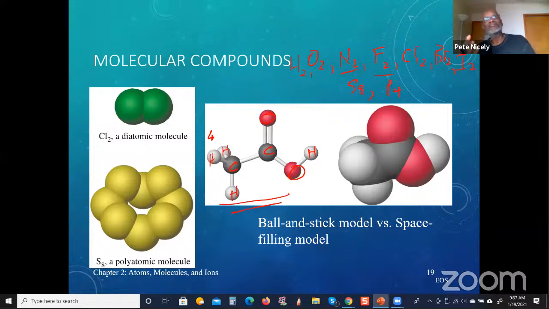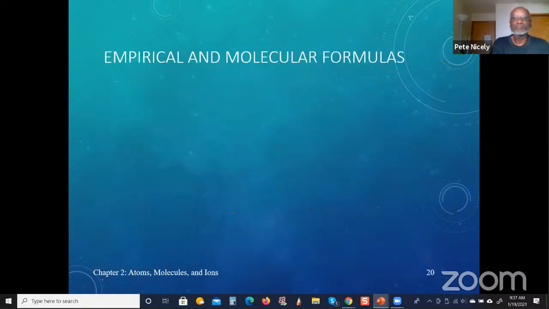A lot of times you have to take into account the amount of space that a particular atom will occupy, or for that matter, the molecule, and not just the shape, all right? So these are just different representations of molecular compounds. As I said before, you'll meet them in the future.